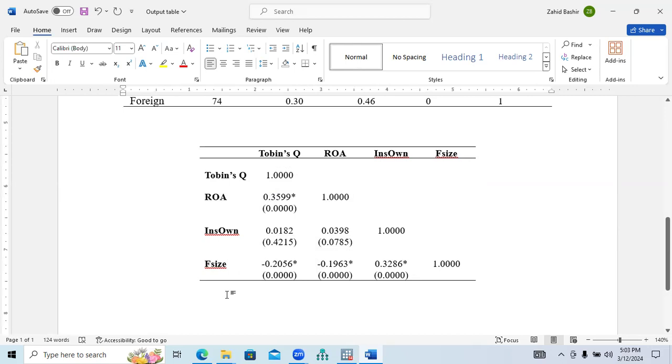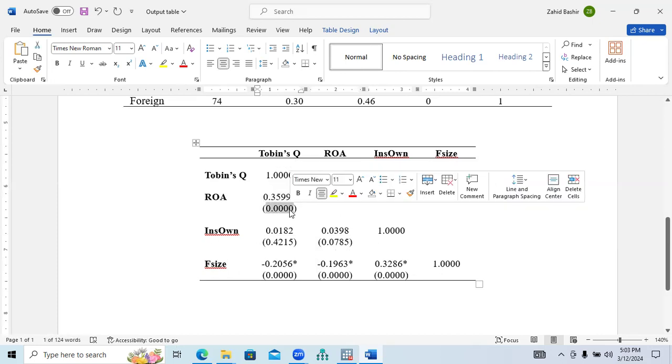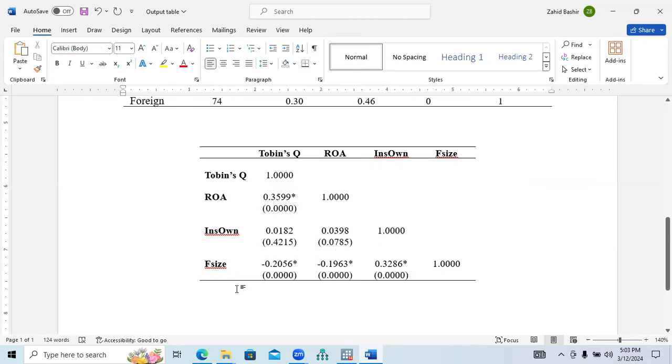If you want to interpret it, you just need to understand that the first value is the correlation coefficient and the second value is the p value. You can write here, for example, with an asterisk sign, p value.